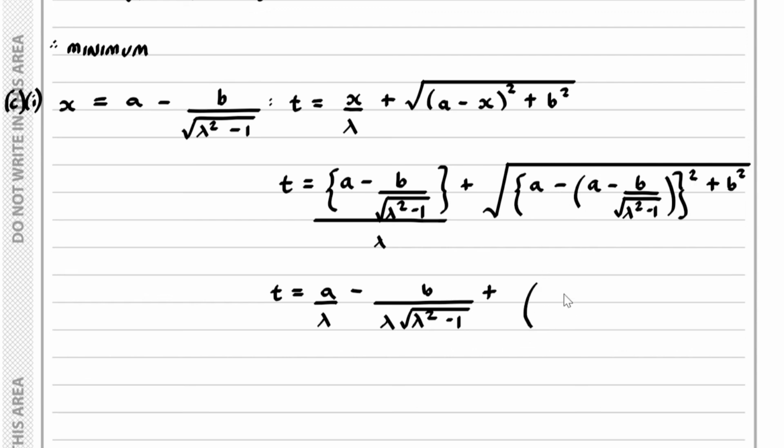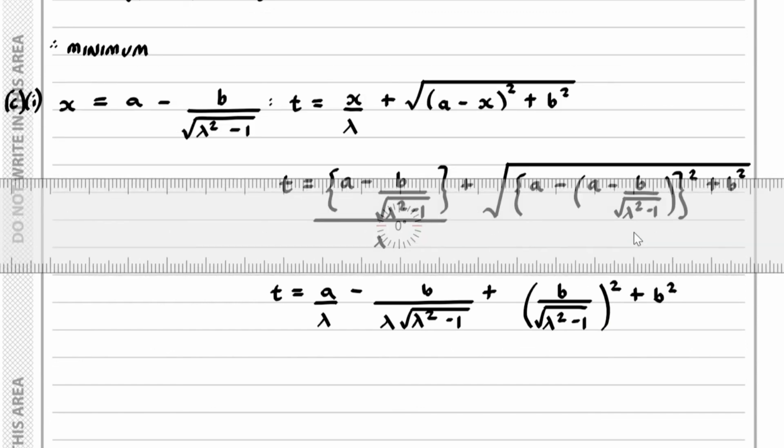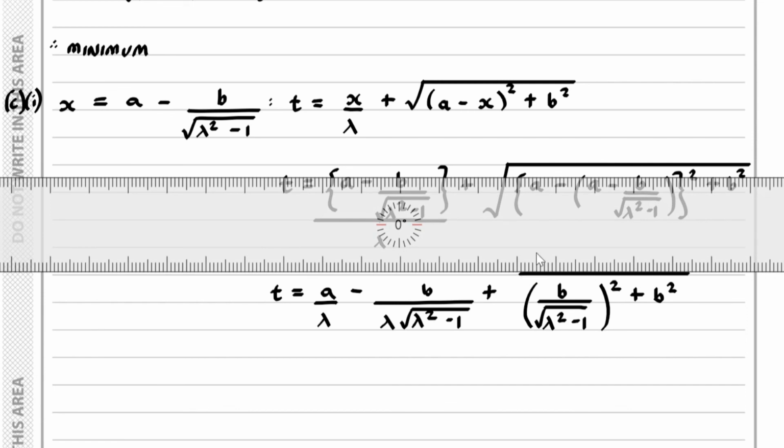So I've got here b over lambda squared minus 1 square rooted and squared, plus b squared, and then this is square rooted.